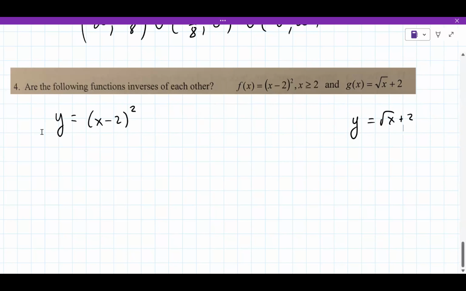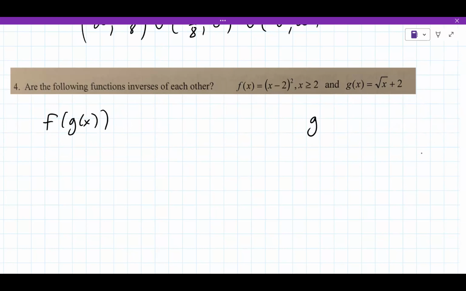Now, based on what I've seen, I guess you probably are doing composition. So we probably should do that. So we first need to do f of g of x and then g of f of x. So f of g of x, the one on the left here, you're taking this right here and putting it in for it.